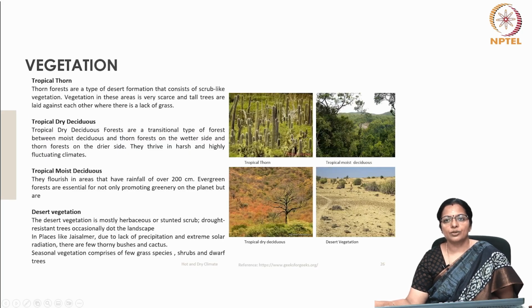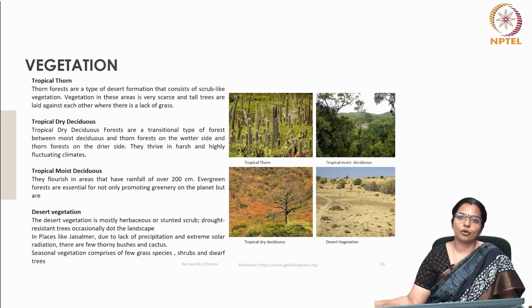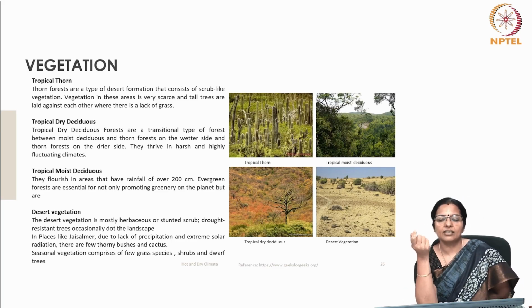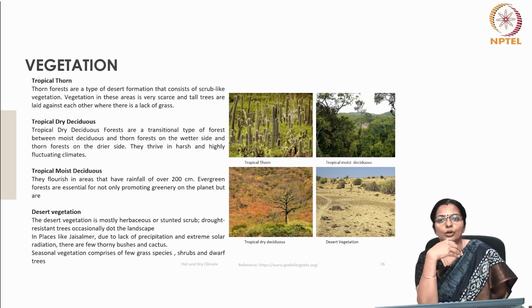Tropical dry deciduous forests are a transitional type of forest between moist deciduous on the wetter side and thorn forest on the drier side. They thrive in harsh and highly fluctuating climates. Tropical moist deciduous forests flourish in areas that have rainfall of over 200 centimeters.